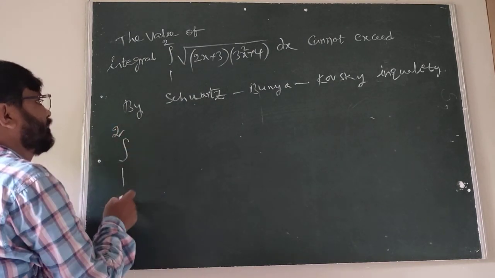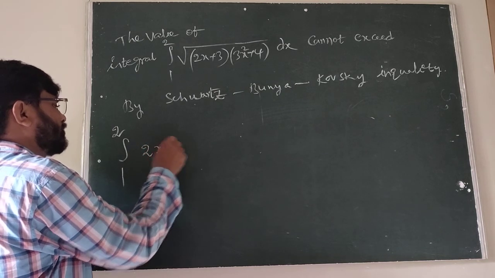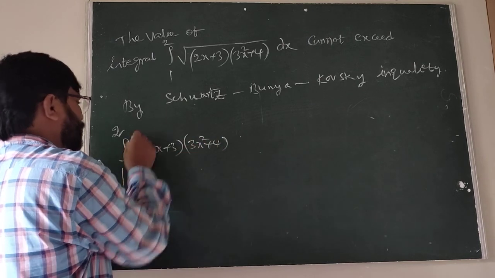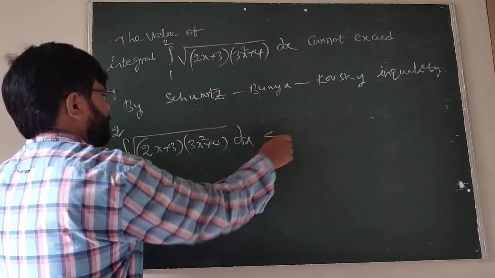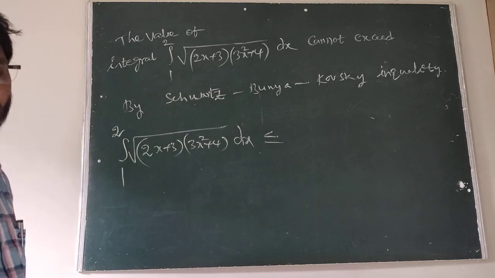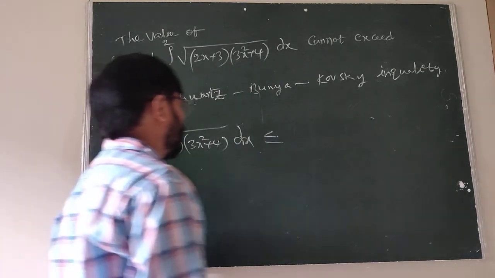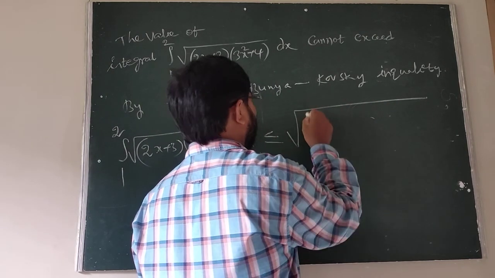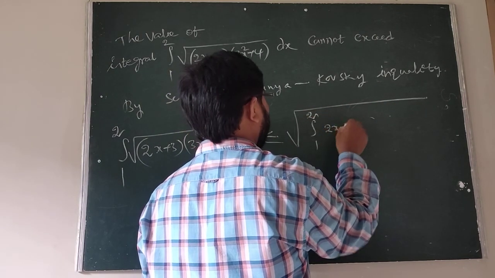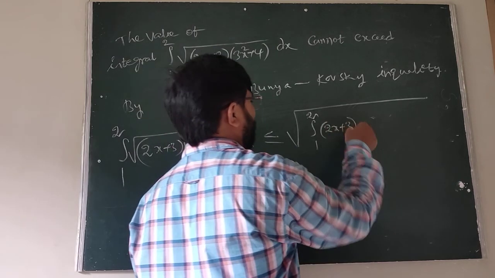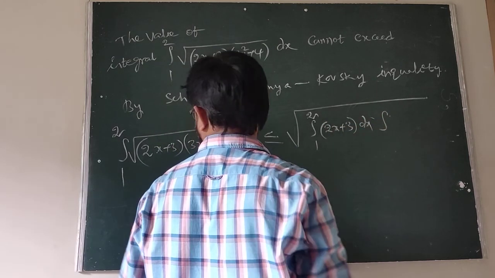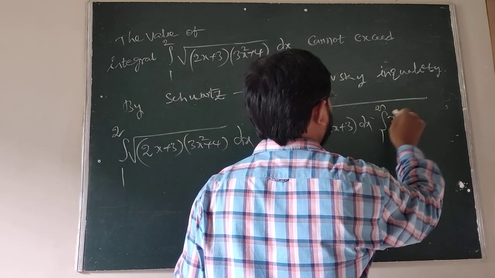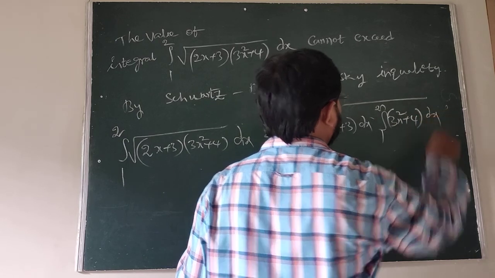That property is: the integral from 1 to 2 of under root of 2x plus 3 under root of 3x square plus 4 is always less than or equal to, all of you listen here, under root of the integral from 1 to 2 of 2x plus 3 dx and the integral from 1 to 2 of 3x square plus 4 into dx.